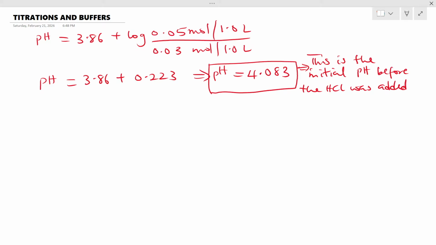Great. So we want to now go ahead and calculate the pH afterwards as follows. All of this is the initial pH.